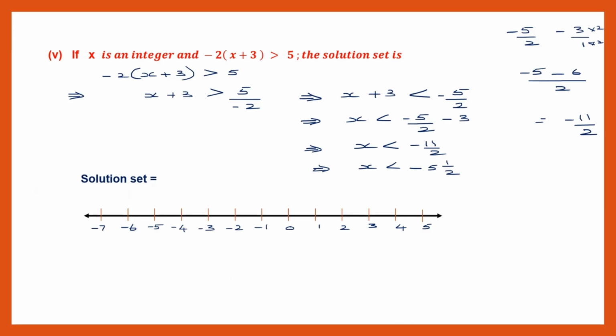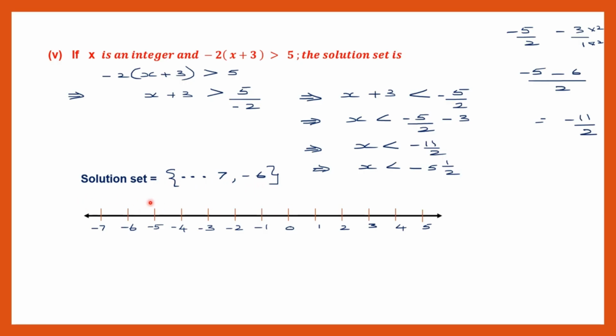Our solution set will be, we have numbers like this. So we put our dots because the numbers are going on like this. So it will be minus 6, minus 7, and it goes on. But here it's all less than minus 5. So we have not included the other numbers. We begin from minus 6 and it goes on and on.